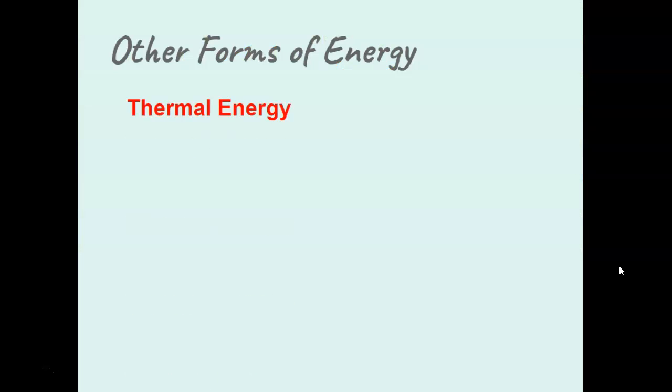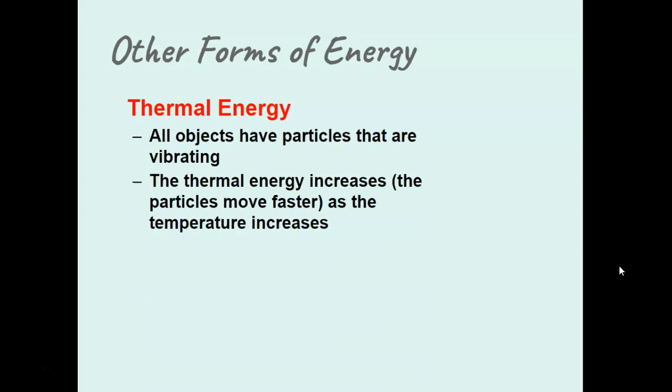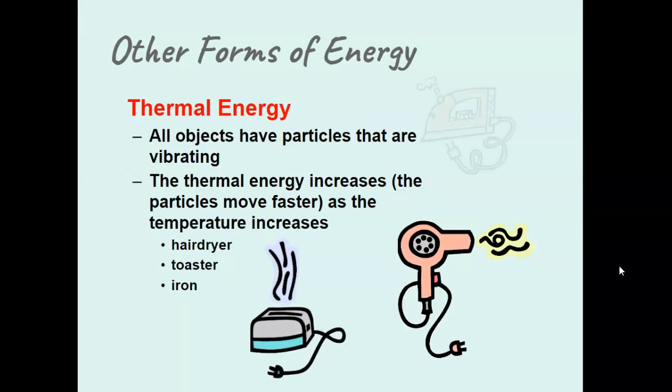So, thermal energy is our discussion to begin with. All objects have particles that are vibrating. The thermal energy in an object will increase when the particles move faster, and the temperature will increase.